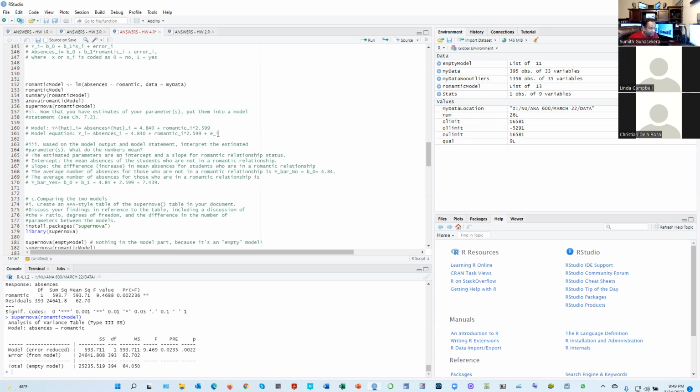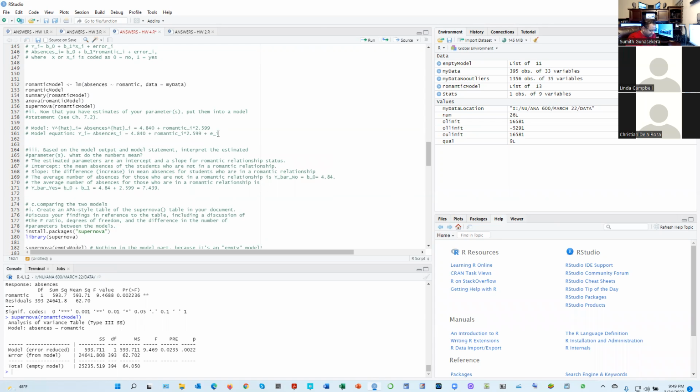Therefore, you can say error is nothing but y sub i minus y hat sub i of the i-th person. That's the idea, which is e_i. Error equals e_i. To make it clear.